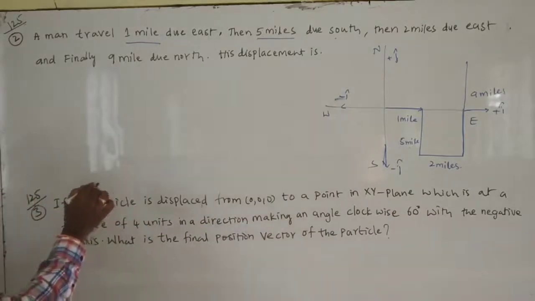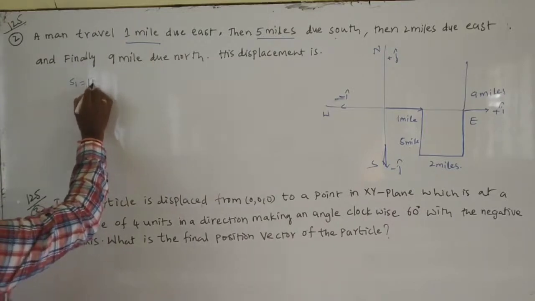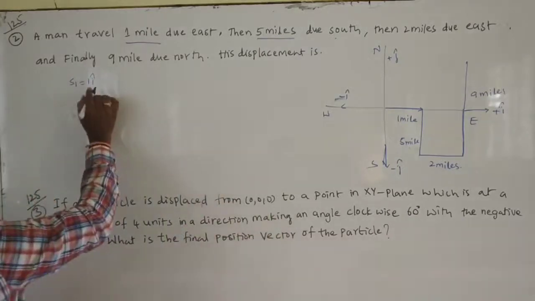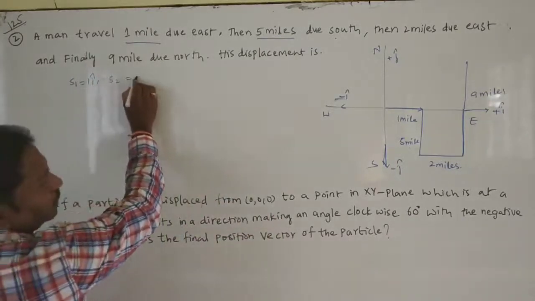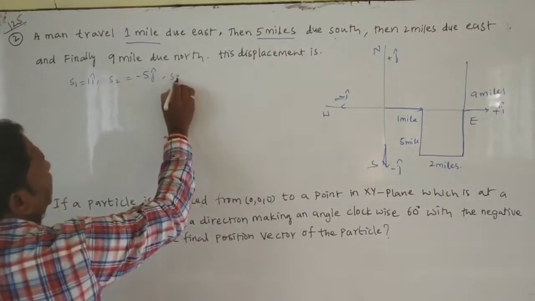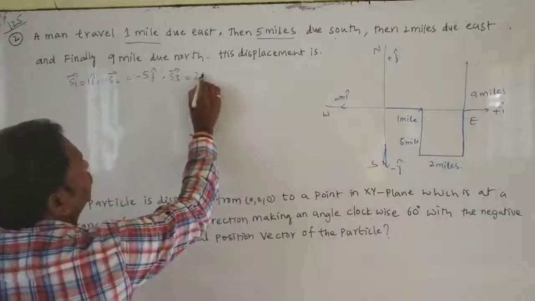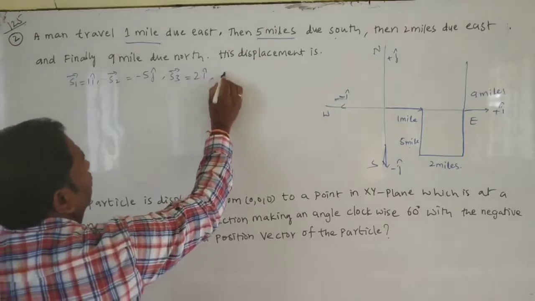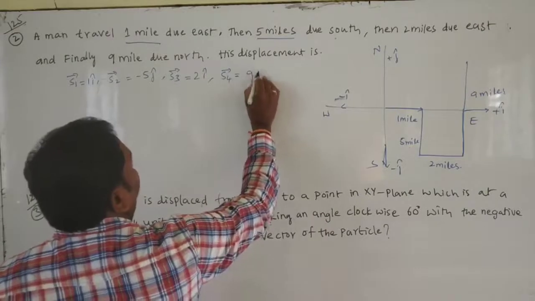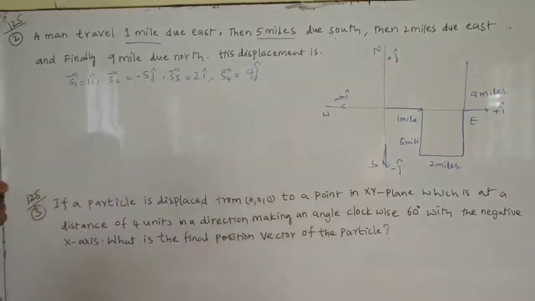First we traveled from the origin: S1 equals 1 i cap, next S2 equals minus 5 j cap, next S3 equals 2 i cap, and S4 equals 9 j cap.